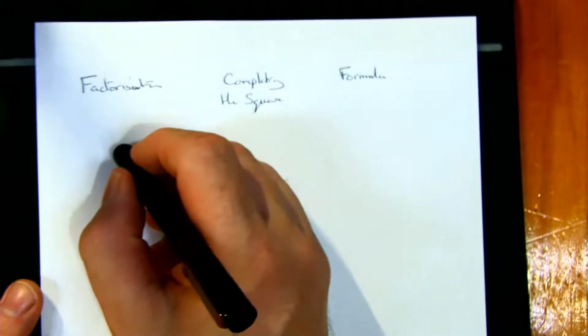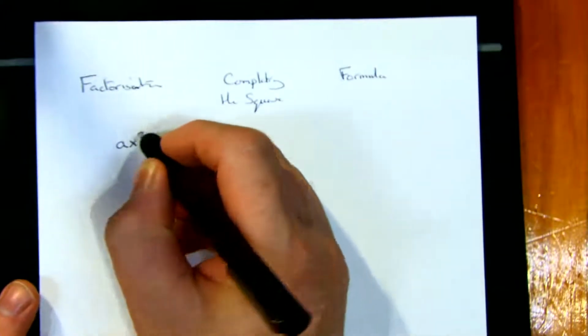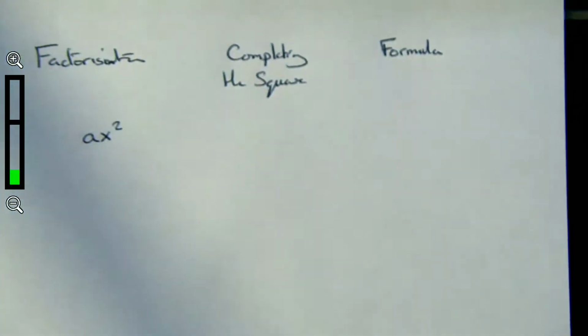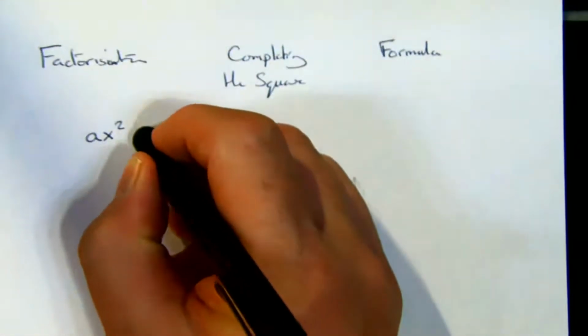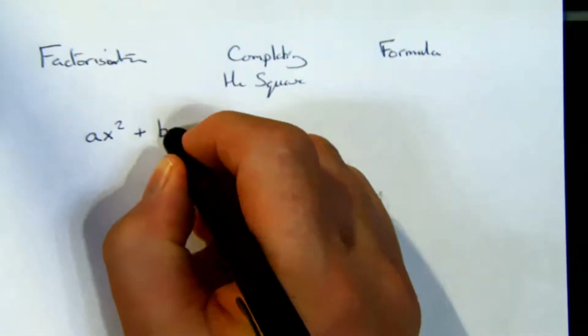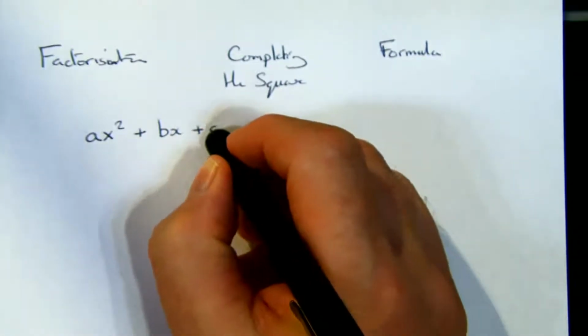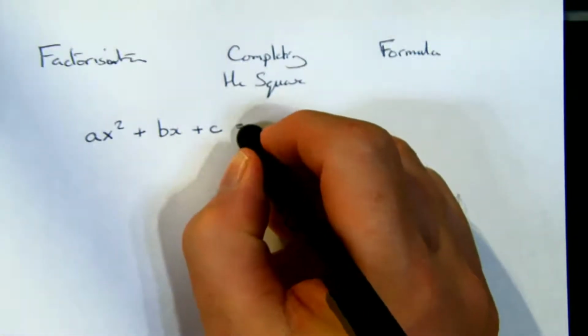A quadratic equation is in the form ax squared, let's zoom in a little bit, plus, or it could be minus, bx plus, could be minus, some number, and usually that equals 0.